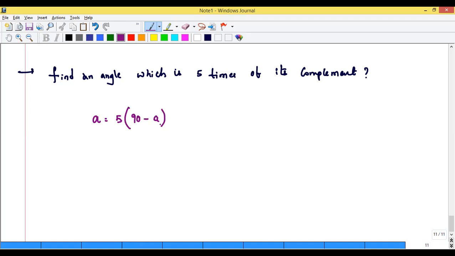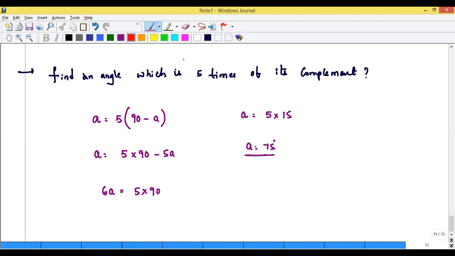90 minus A. Therefore, A is equal to 5 into 90, minus 5A. 5A goes that side. 6A is equal to 5 into 90. Therefore, A is equal to 5 into 15, how much? 75.